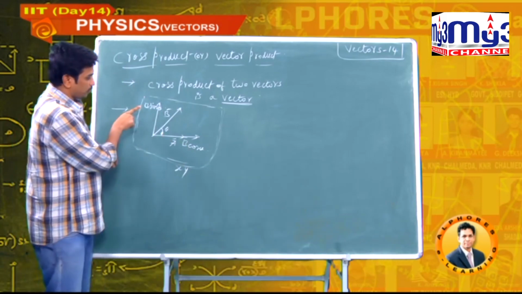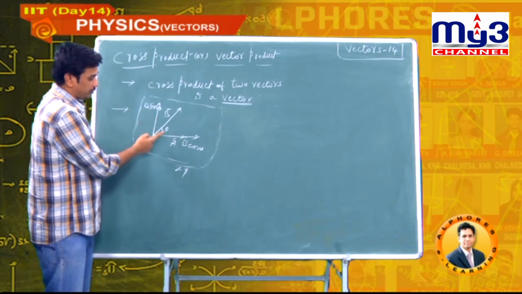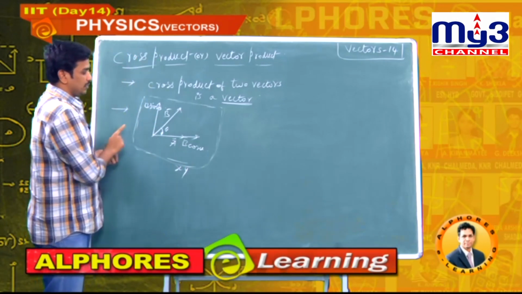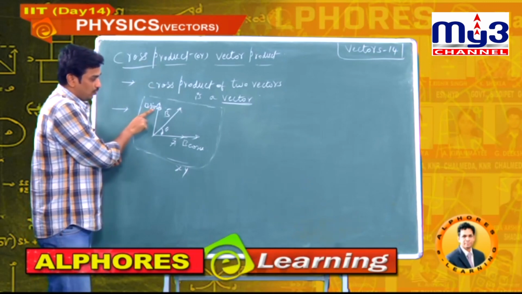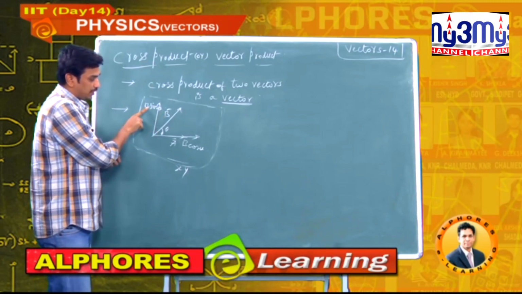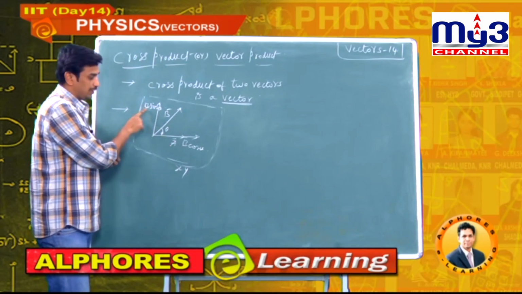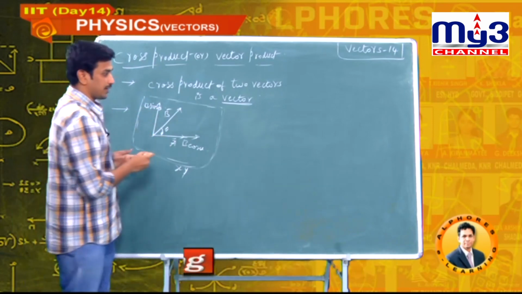Now the cross product is multiplication of these two. Exactly, the meaning of cross product is the multiplication of one component of a vector with another vector. So these two multiplication is cross product.